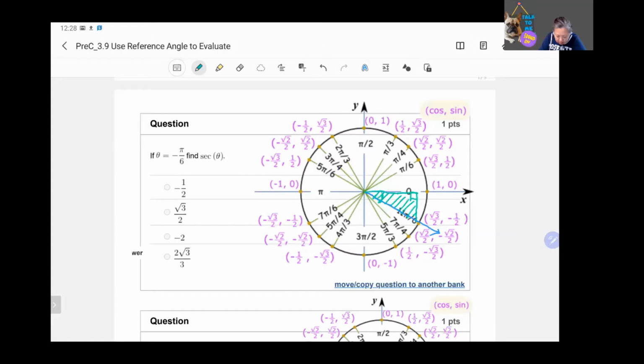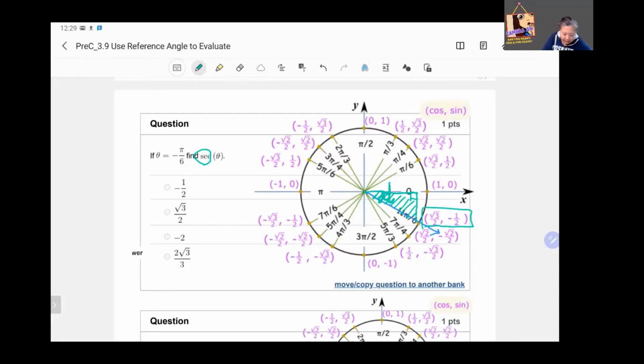And then now this is my alpha, right? Then here I do have the coordinate of the position. Then the trig ratio that we are supposed to get is not sine or cosine though, it's secant.